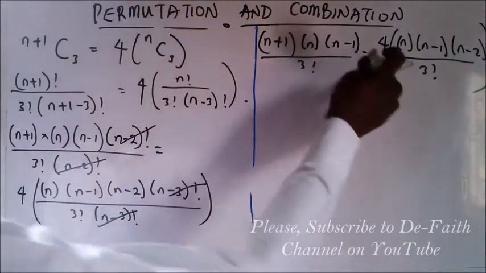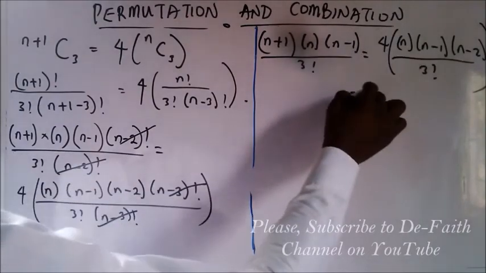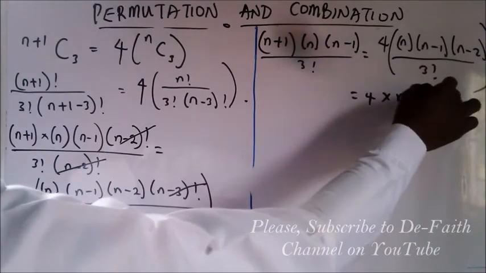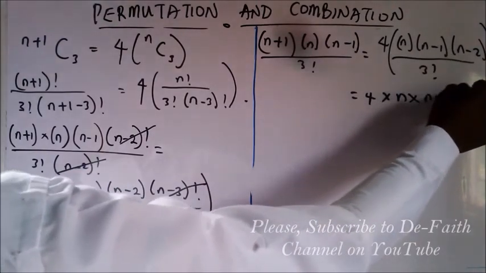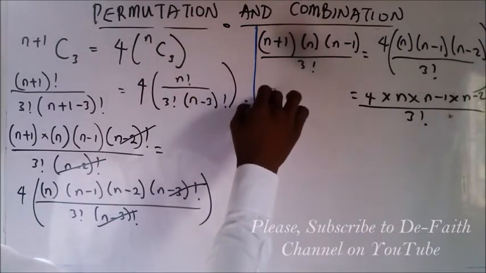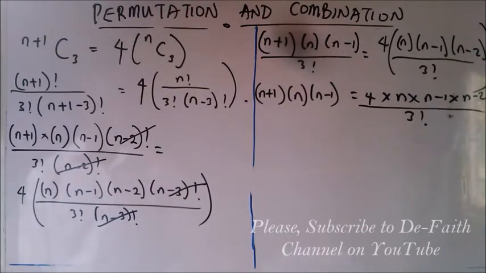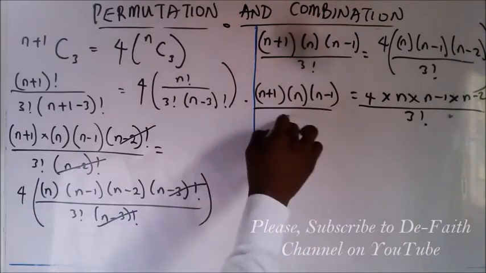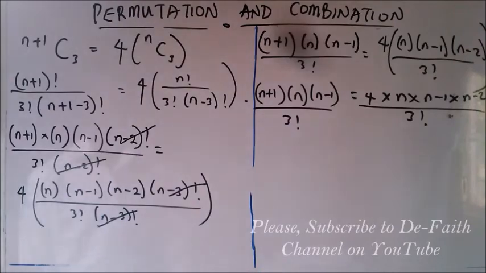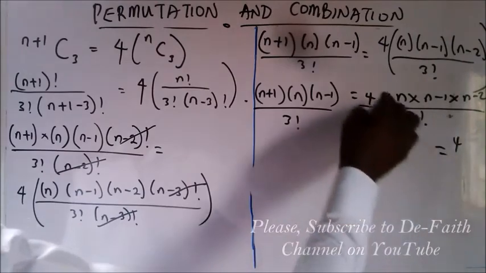So that means 4 multiplies this n, and this n multiplies the value that this gives us, which is n minus 1, and then it multiplies n minus 2 over 3 factorial. And then likewise is n plus 1, n, and n minus 1, over 3 factorial. From here, these 3 we could cross multiply, and when we cross multiply, let's leave only this 4 over here. So we have 4 left here, right?